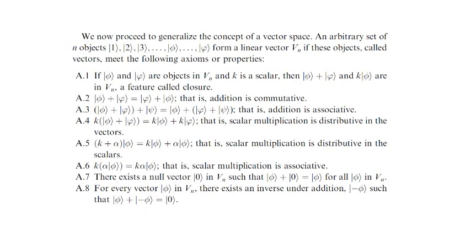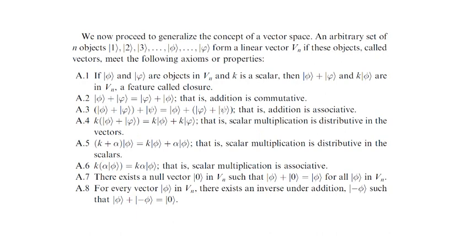And scalar multiplication is distributive in scalars. This also we saw before. So all these properties are the same for vectors belonging to a general linear vector space. We saw these properties before in the case of n-dimensional Euclidean space too.